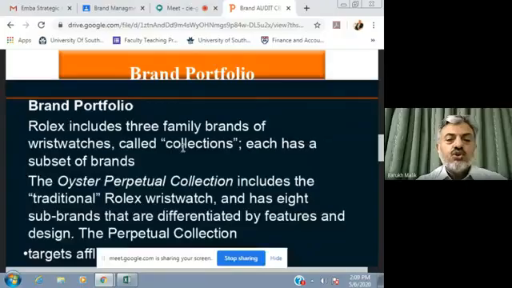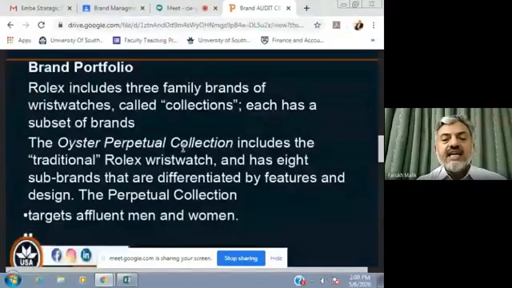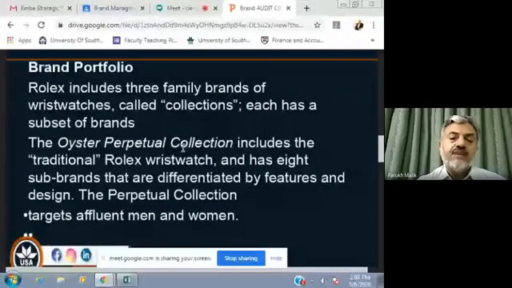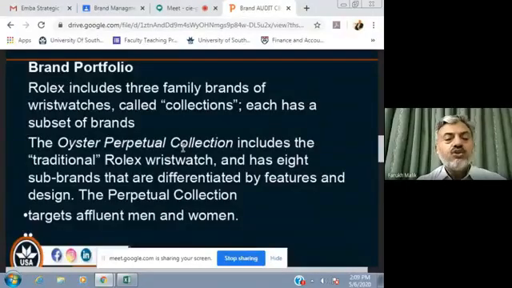First, the Oyster Perpetual collection includes the traditional Rolex wristwatch and has 8 sub-brands, differentiated by features and design. The Perpetual collection targets affluent men and women.